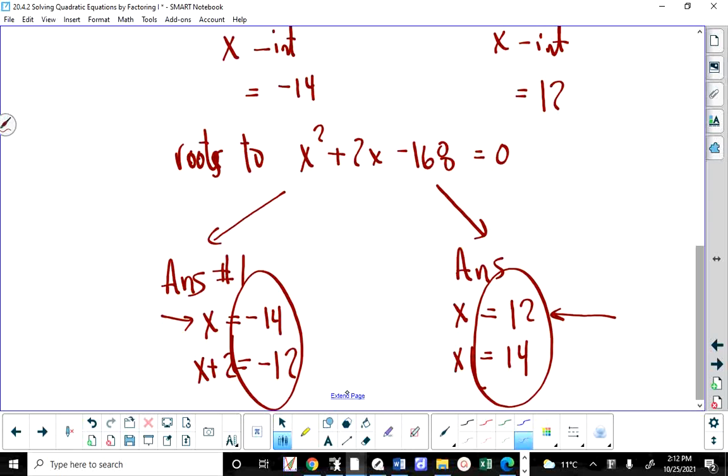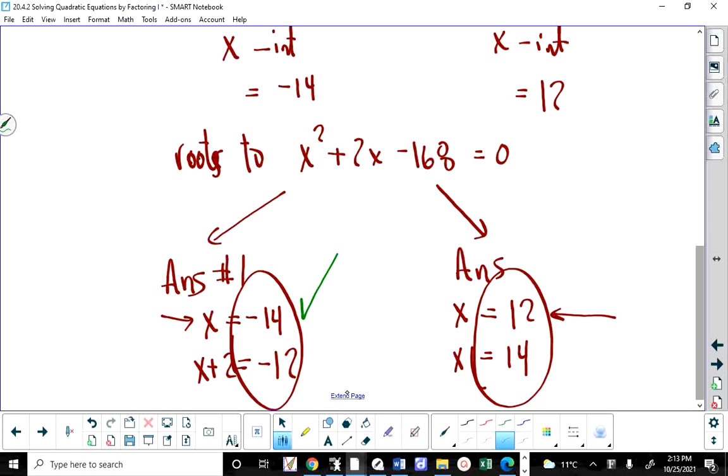If x is negative 14, which is an answer, then we add 2 to negative 14 to get the other number in that answer, and we get these two numbers. Are these two numbers consecutive integers? Yes. Do they multiply to give 168? Yes. Okay. Now there's one other thing I have to look at before I go on. So am I clearing up what you were wondering about?